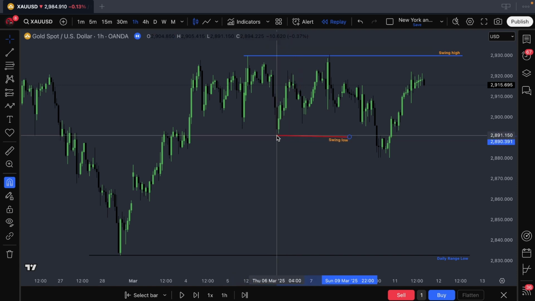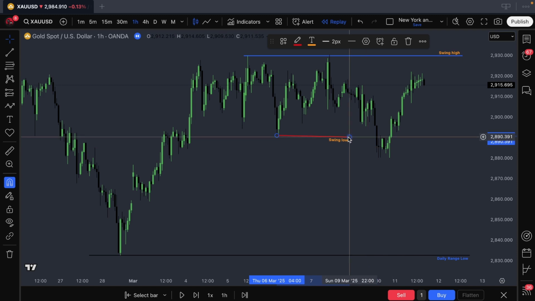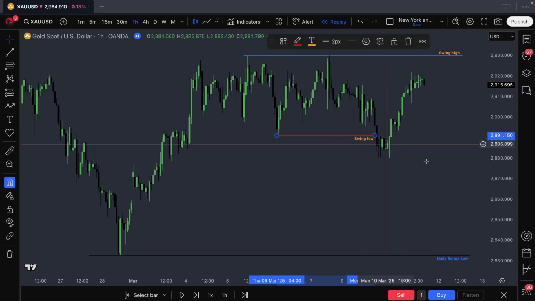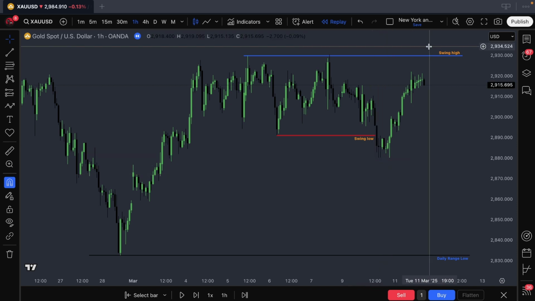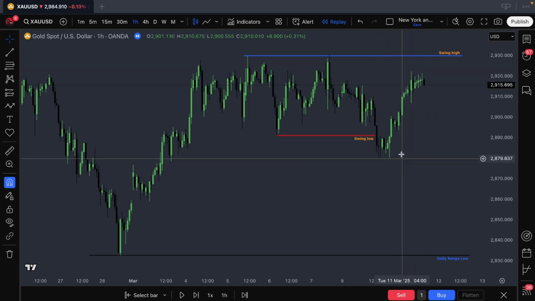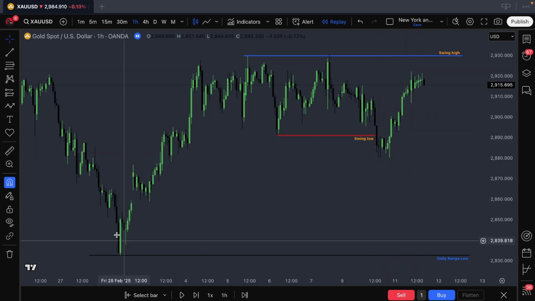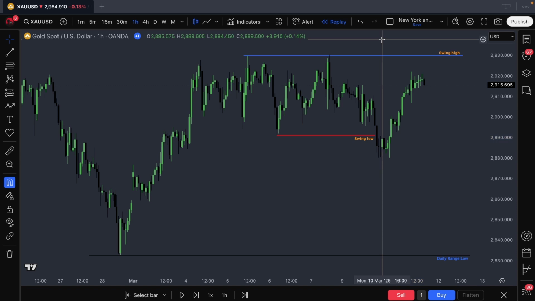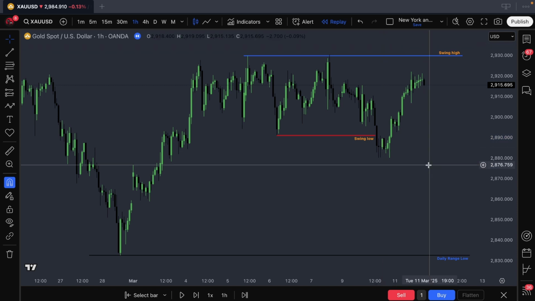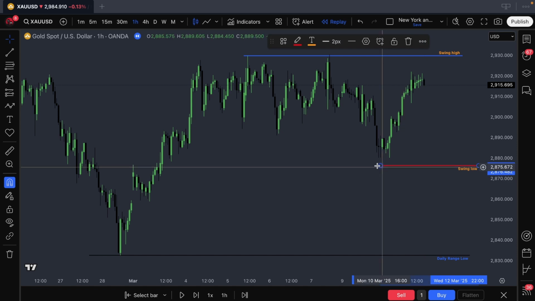So you probably would have your swing low right here before the sweeps, and the market would have swept the lows and then bought. Honestly, I think I would have bought somewhere around this area, but I don't think I would have, to be honest. I'm not too sure if I would have.